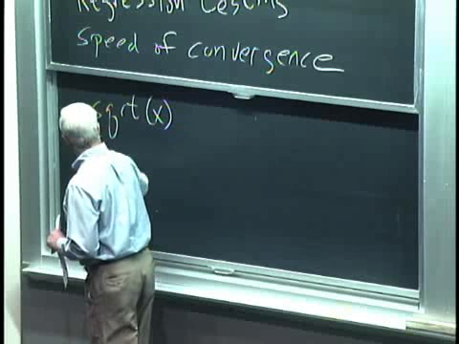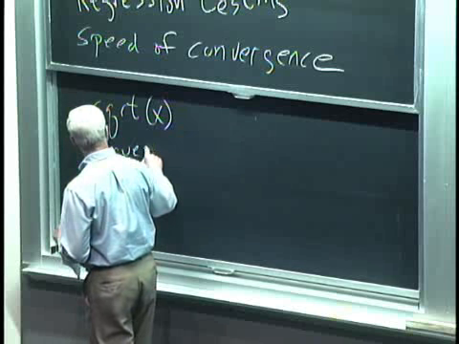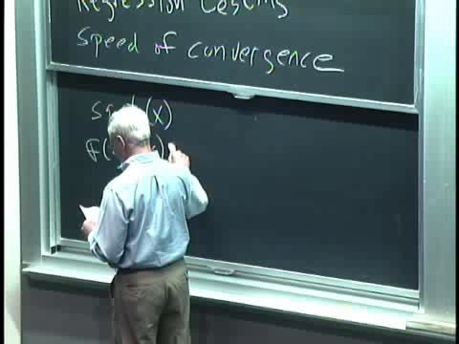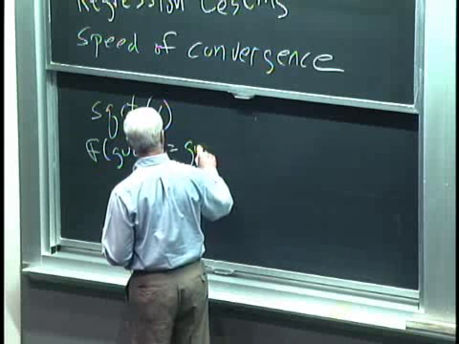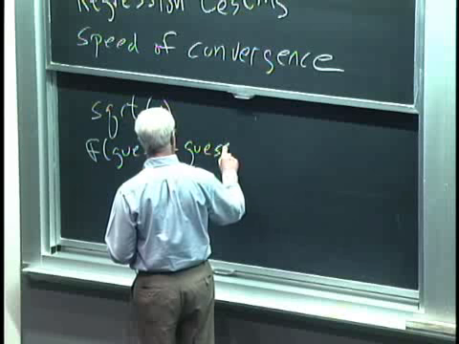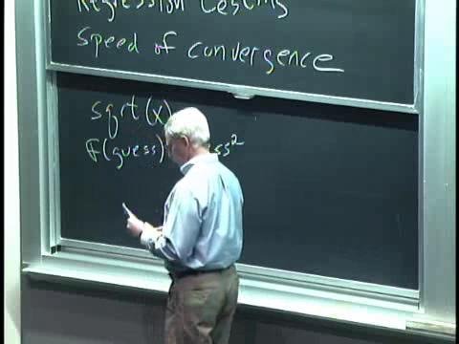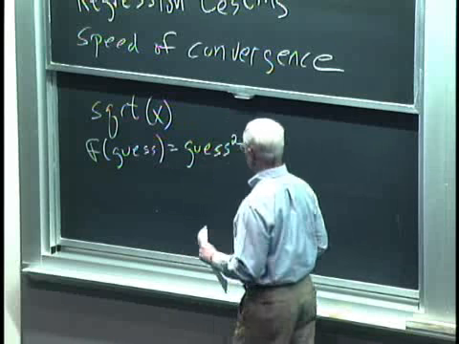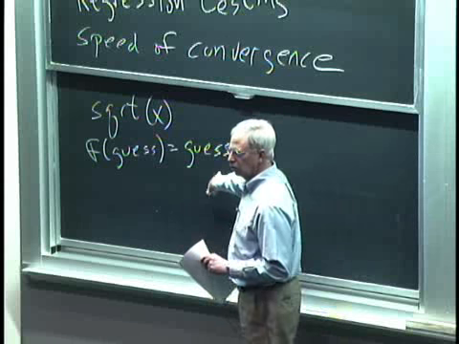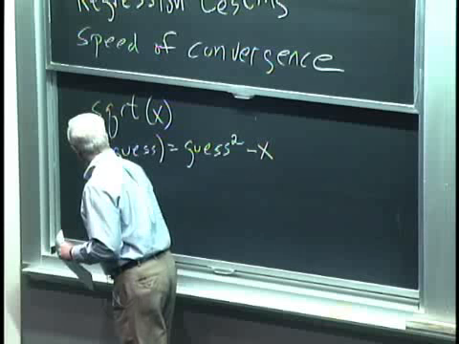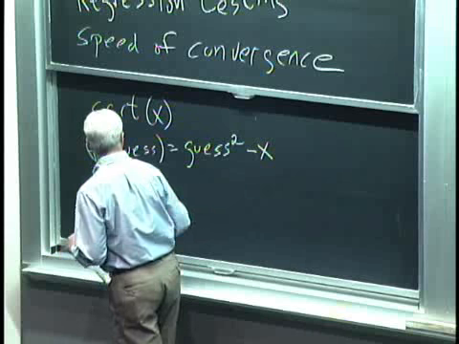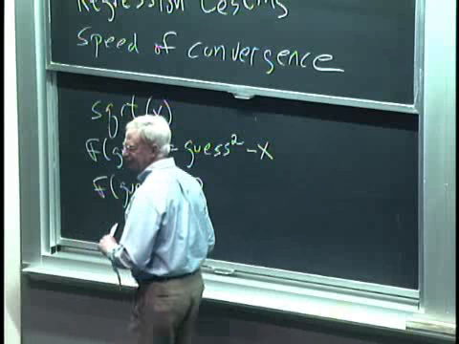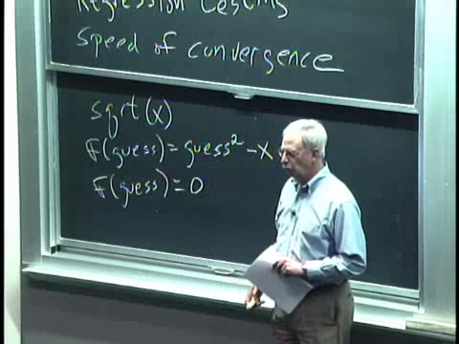We're looking at the equation f of guess equals the guess squared minus x, right? That's what that is equal to. And we're trying to solve the equation that f of guess equals 0, looking for the root of this equation.